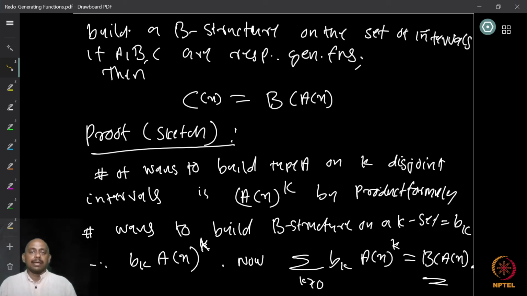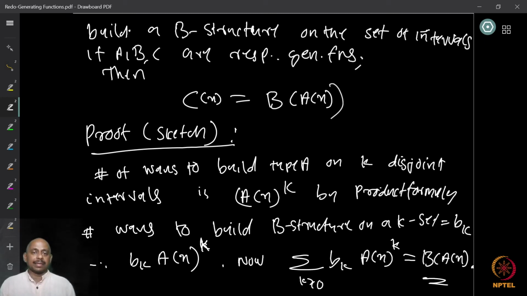So if I am doing this, then the generating function for the number of ways to build this structure, which is Cn, is, let's say, C of x is the composition B of A of x. That is, you substitute for x in B of x with A of x. So there is a bracket missing, I think. B of A of x.